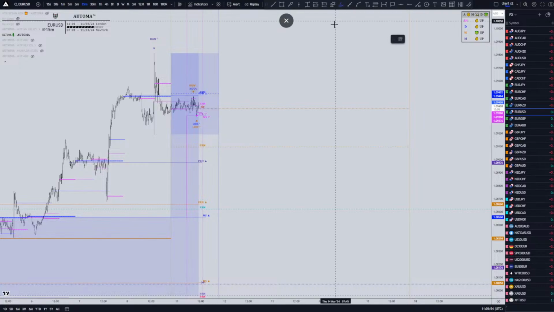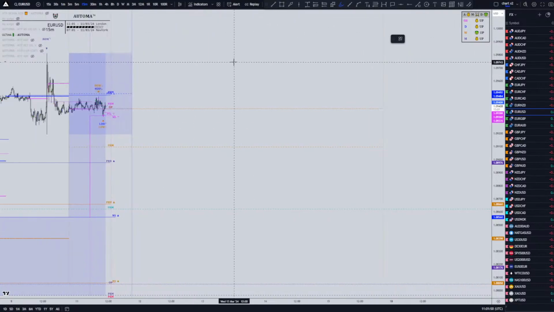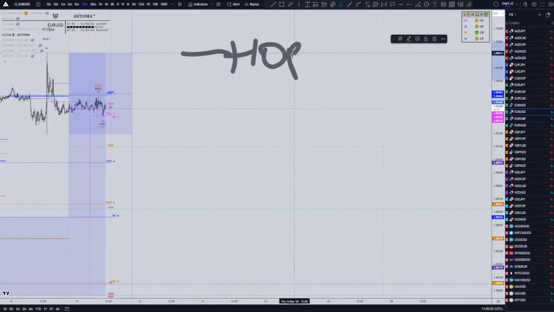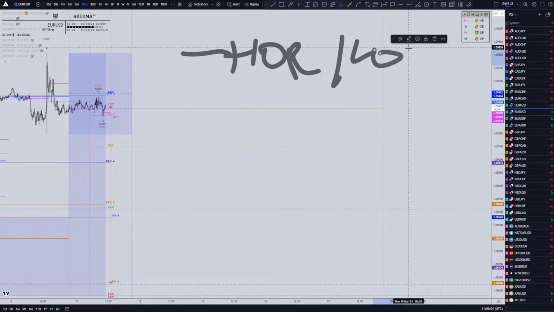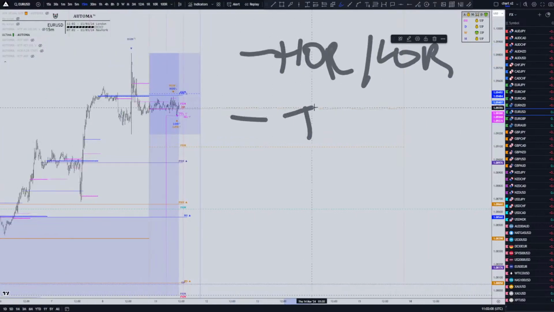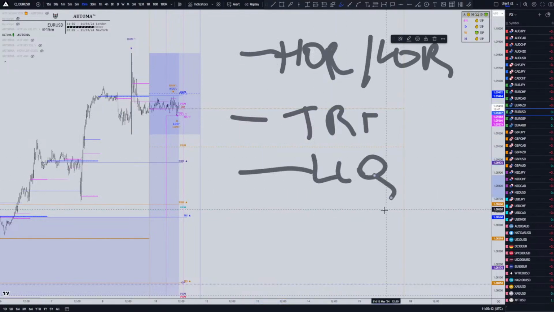But the main focus in Automa is the high of the range or low of the range regarding the current range, and then time rotation and liquidity. So those are the 3 pillars for analyzing the market.